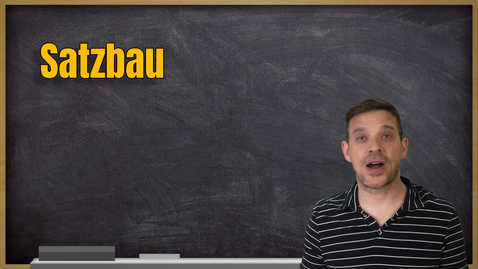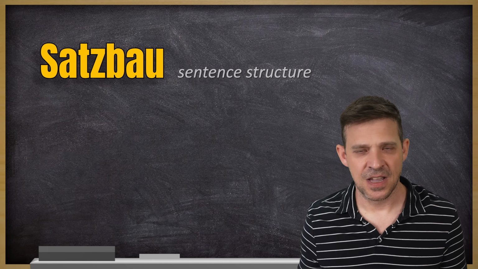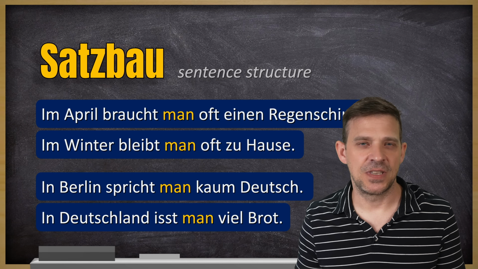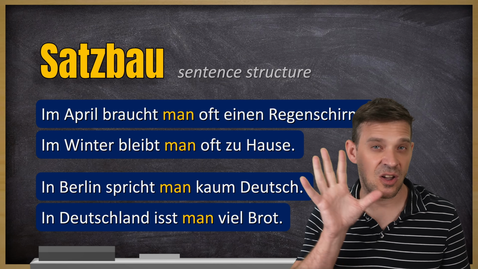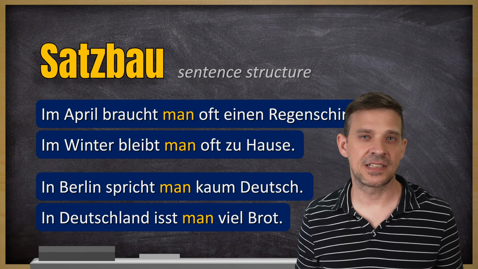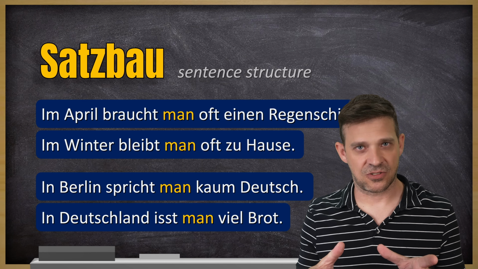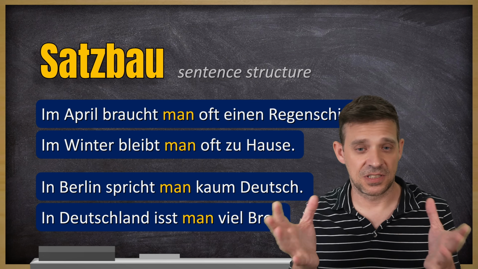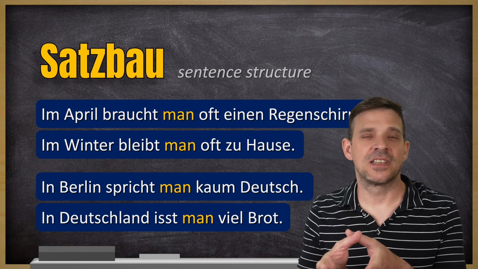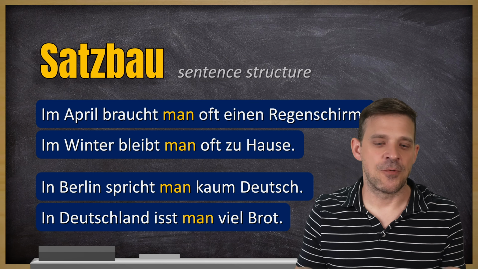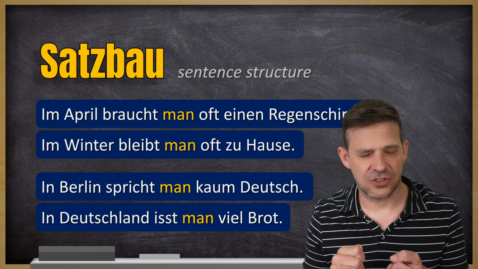Bonustipp, Satzbau, sentence structure. When we take the example sentences we did before, just 4 of them, actually in all of them, you will see this special sentence structure. It's not really special because it's correct, but what is special is usually what you learn in A1 level, you have this SVO structure.